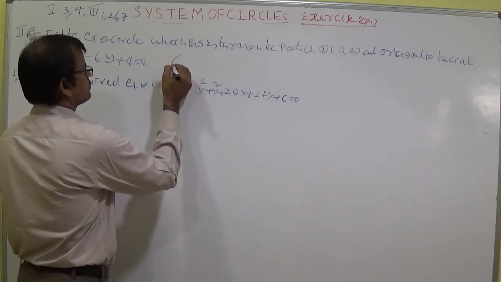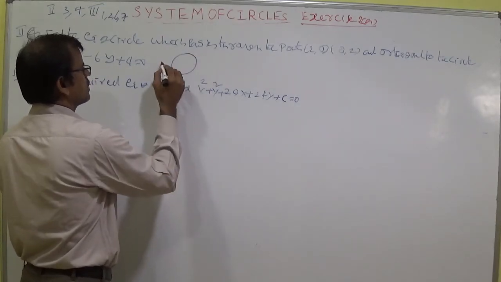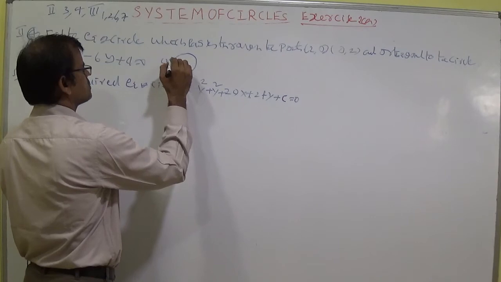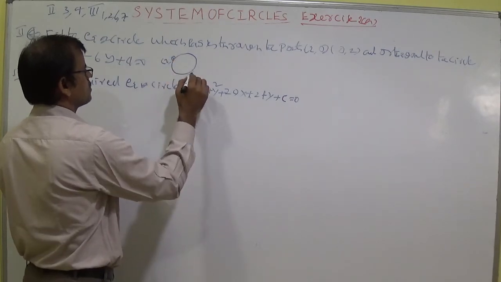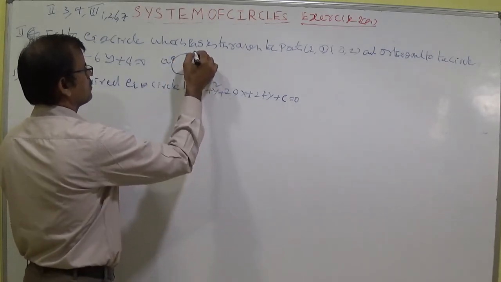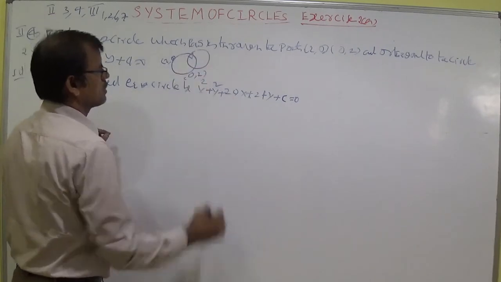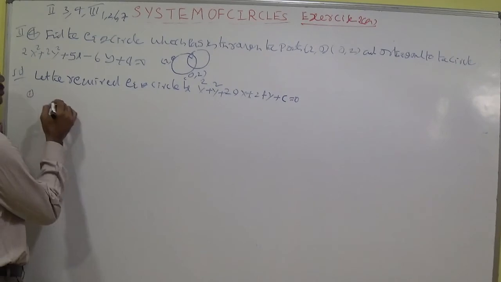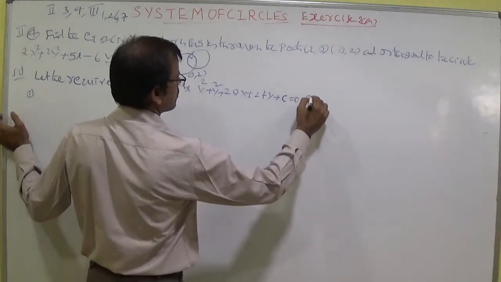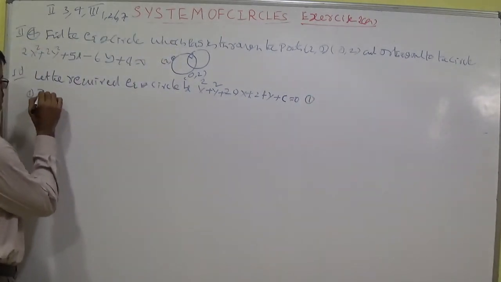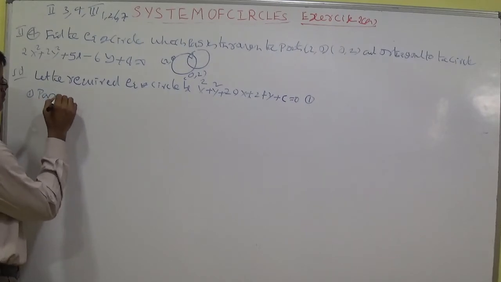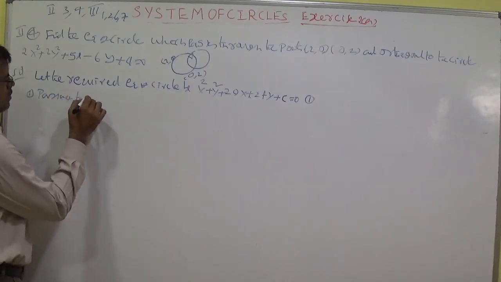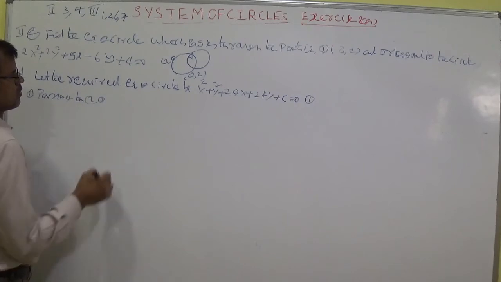Rough diagram. A circle is there. The circle is passing through 2 comma 0 and 0 comma 2 and it is orthogonal to another circle. Put here this equation as 1. 1 passing through 2 comma 0.